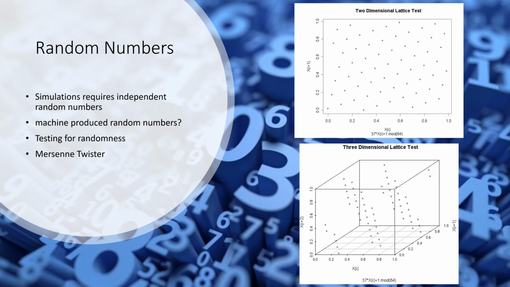Here's another type of lattice test, a three-dimensional one, and once again you can see a very clear pattern emerge in the data. So these numbers are not truly random, but for our purposes, just in learning simulation, they are more than adequate, mainly because we, looking at the random number being produced, have no idea what's coming next.